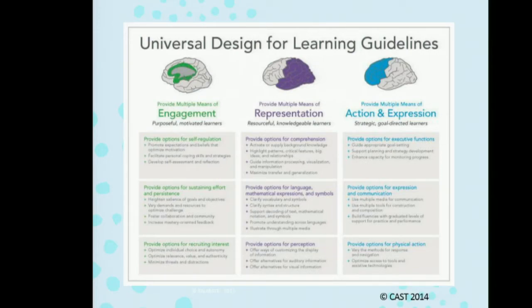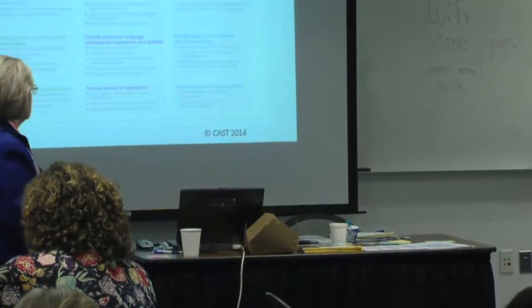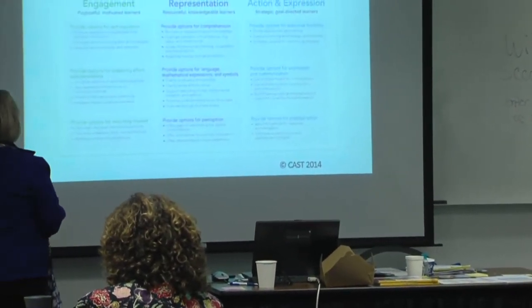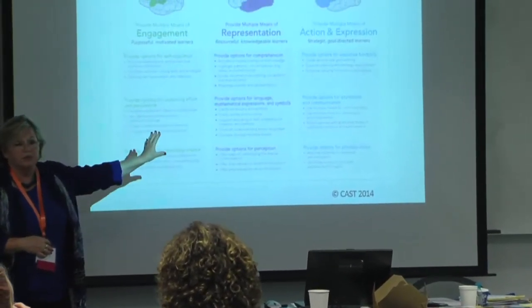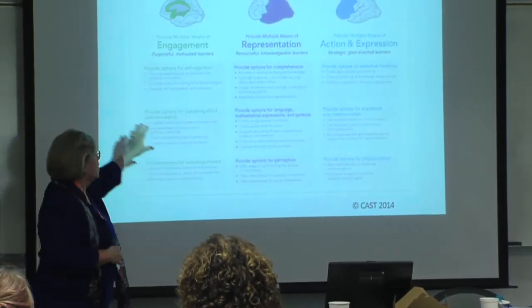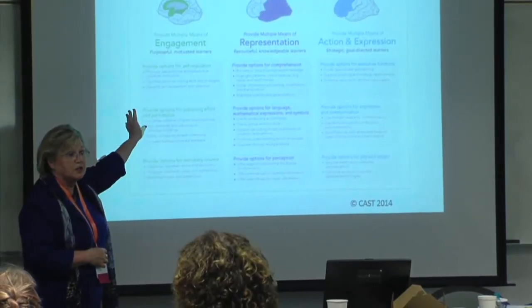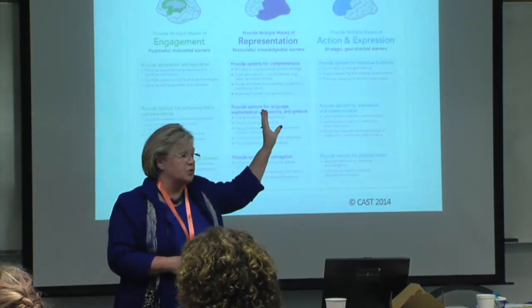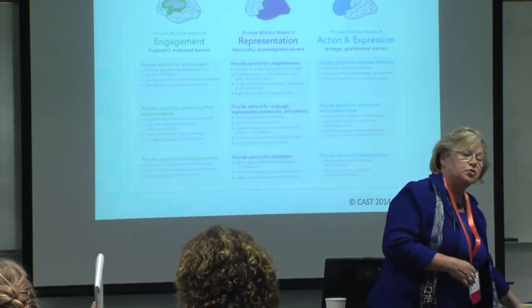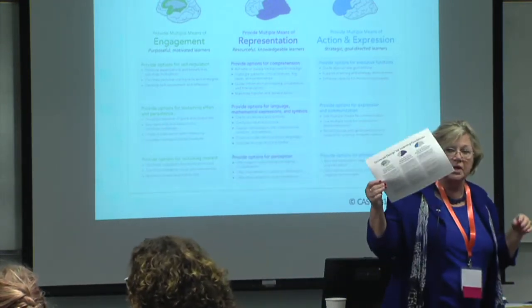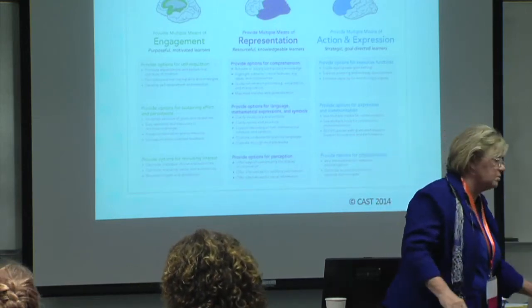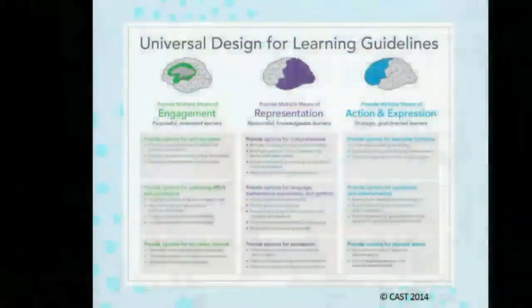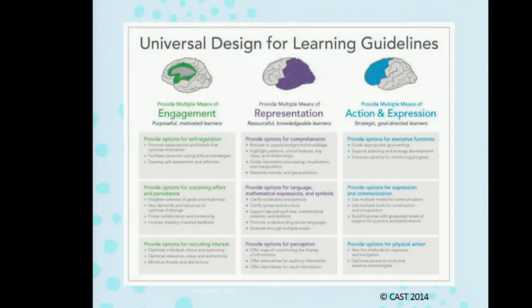There are three principles that align with three networks present in every human brain. On this particular chart, for those of you who have the app, you can download these UDL guidelines, or pull them up on a screen so that you can see them better than on this slide. The first principle is providing multiple means of engagement.